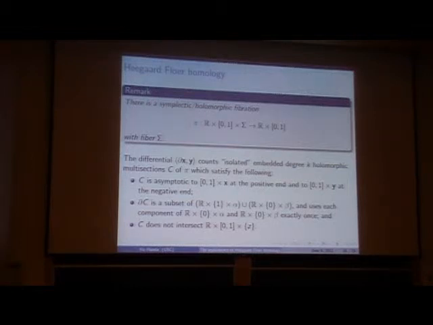What's the map? It's just a straightforward projection onto the first two factors. You can take everything in sight to be holomorphic. So you have a strip, which is just the usual holomorphic strip, and then you put some complex structure on sigma and project to the first two.